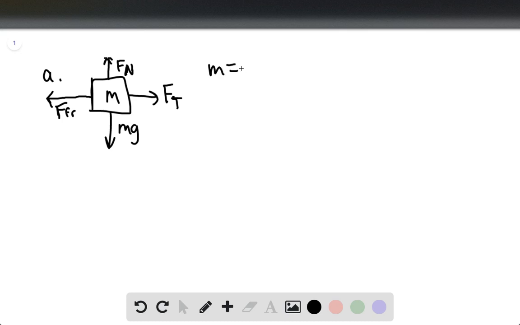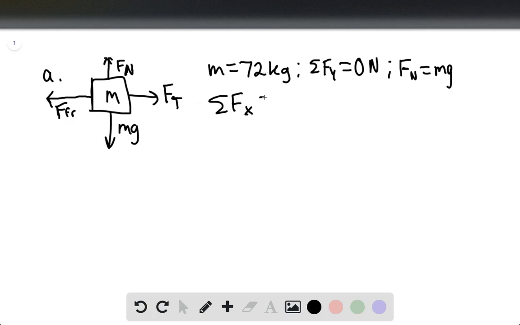We have the mass of the skier, 72 kilograms, and we can say that sigma F in the y direction equals 0 newtons. Therefore, the normal force equals mg. Now, we can say that sigma F in the x direction equals force of tension minus force of friction, and this equals ma sub x.